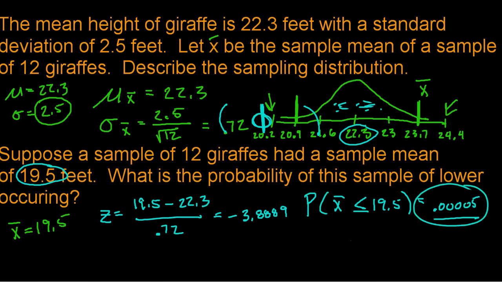So the whole point I'm trying to teach you in this video is that sampling distributions are connected to confidence intervals. When you build a sampling distribution and you find a particular sample, you can analyze how high or how low it is. But with a confidence interval, you have no idea what the truth is. So you build an interval in the hopes of capturing the truth. And if you get a sample really, really crazy high or crazy low, yes, you will miss the truth in your interval.